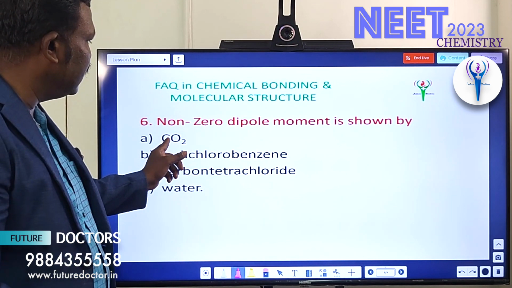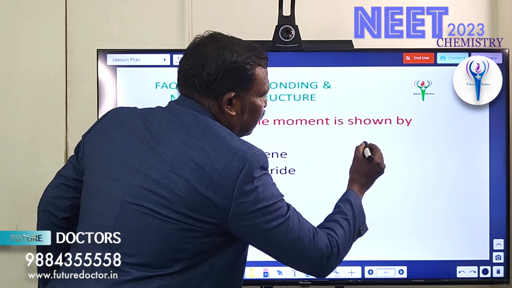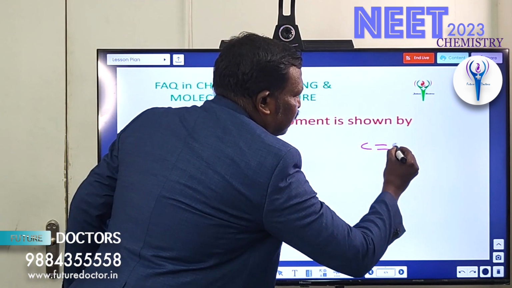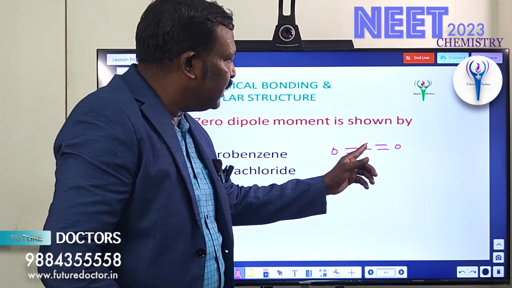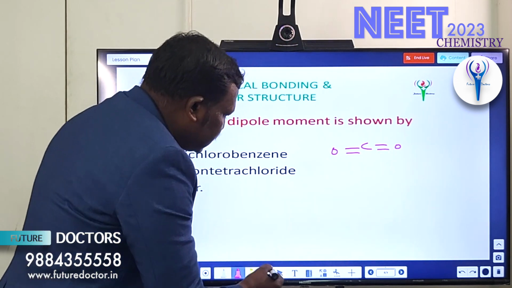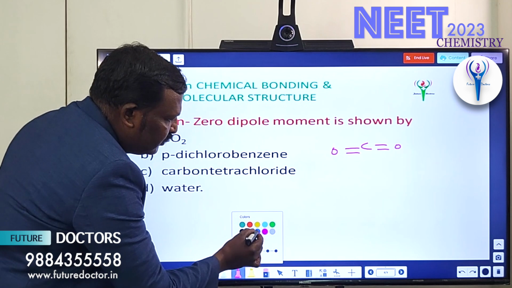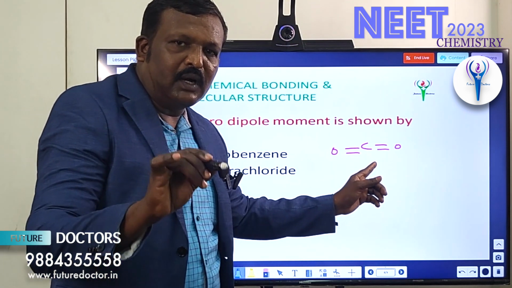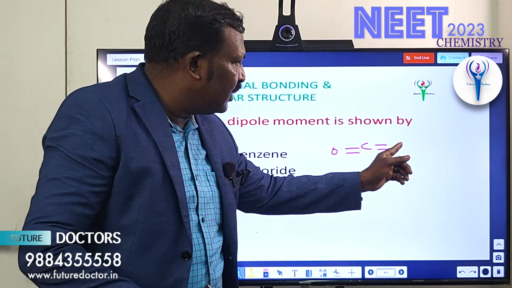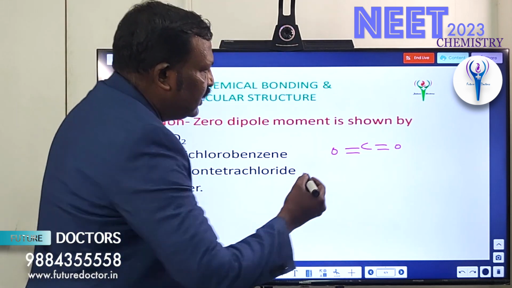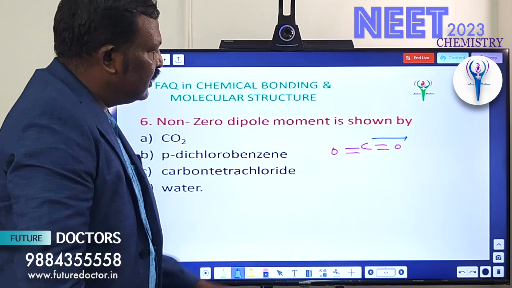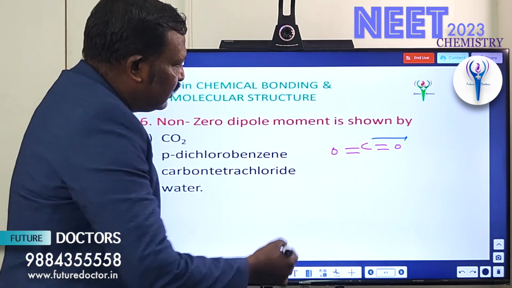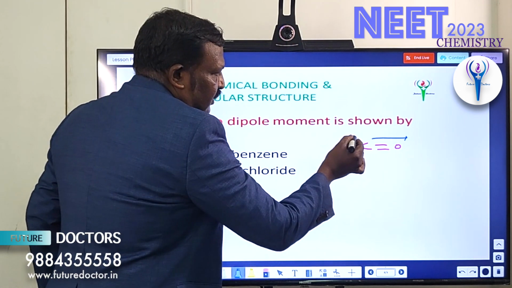Suppose, for example, I put carbon dioxide. I put the structure like this. Understood? When compared to carbon and oxygen, who has more electronegativity? Oxygen is more electronegative, so it attracts electrons towards itself. In this way the arrow marks go.